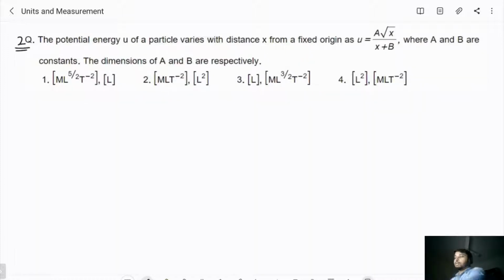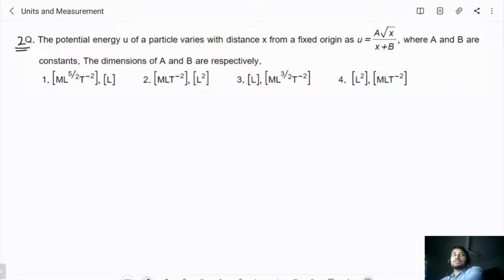Let us have a look at this next question. The question says the potential energy U of a particle varies with distance x from a fixed origin as U equal to a root x by x plus b, where a and b are constants.